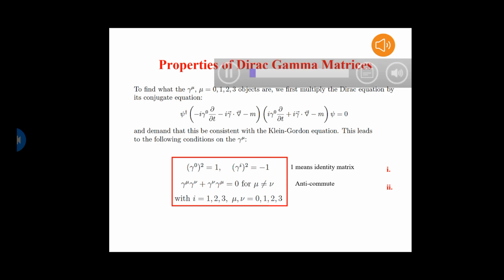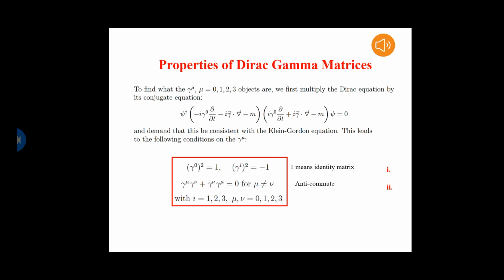Next is properties of Dirac gamma matrix. To find what the gamma mu, mu equal to 0, 1, 2, 3, objects are, we first multiply the Dirac equation by its conjugate equation. Psi Hermitian into minus iota gamma naught partial over partial t, minus gamma dot del, minus m, into iota gamma naught partial over partial t plus iota gamma dot del minus m, into psi is equal to 0, and demand that this be consistent with the Klein-Gordon equation.